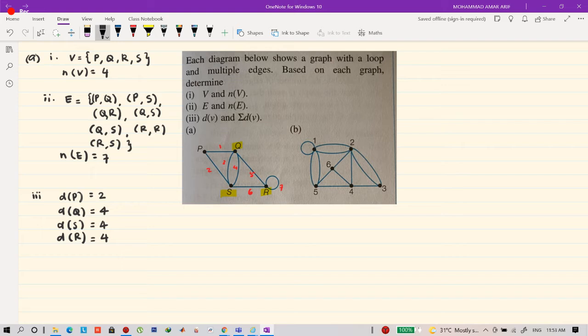Okay. So nak tahu untuk summation of degree, this is called summation of degree. Hasil tambah. So summation of degree vertices, total semua perjalanan, tambahkan semua ni. So 2 plus 4 plus 4 plus 4, so awak akan dapat 14.